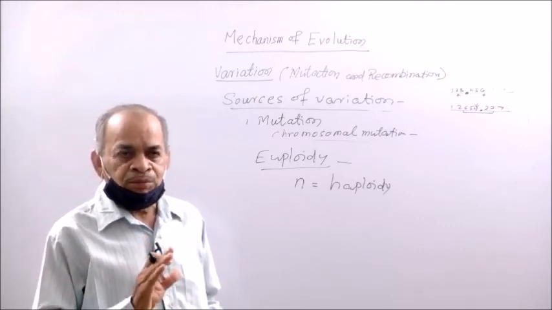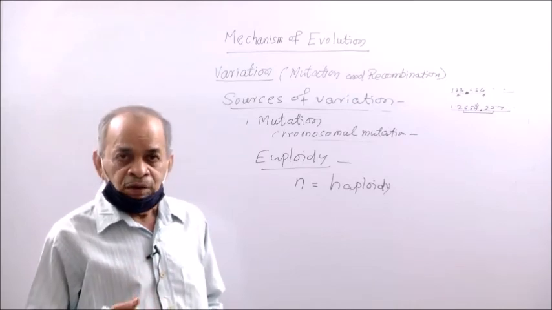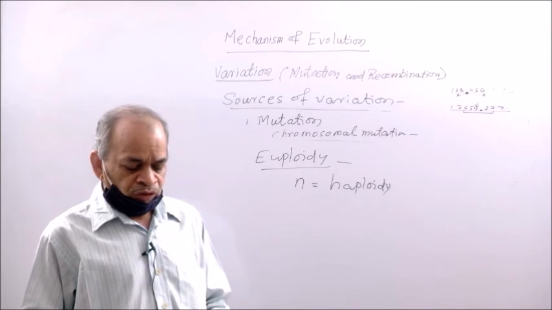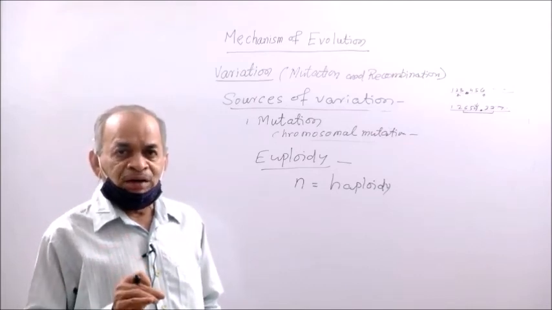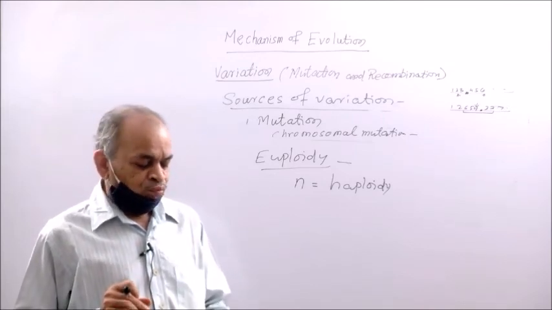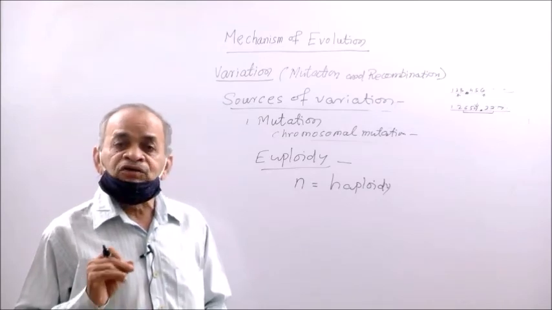Now half of 2 is 1, so 1 set is present, that's why it is called haploidy, not monoploid. Example, the drone in honeybee, the male honeybee. Drones develop from unfertilized eggs.